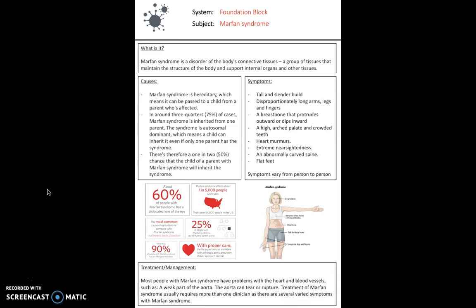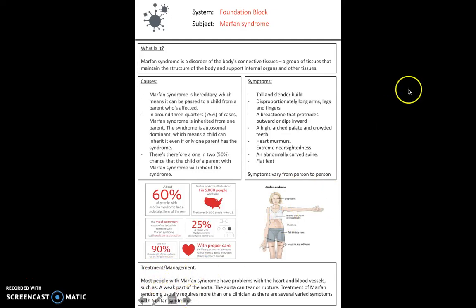In terms of symptoms of Marfan syndrome, you'd expect the patient to be tall with a slender build and disproportionately long arms, legs and fingers. This picture here sums up quite well the symptoms of Marfan syndrome because they're normally quite physical.